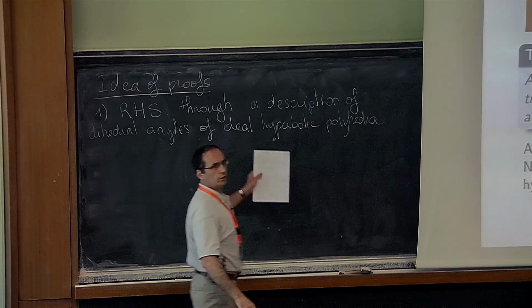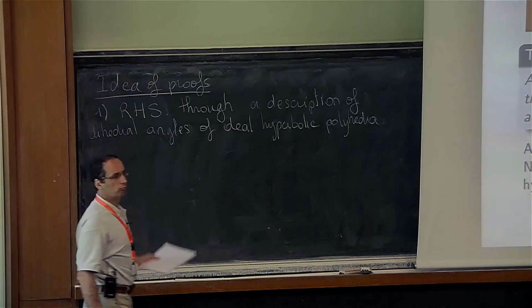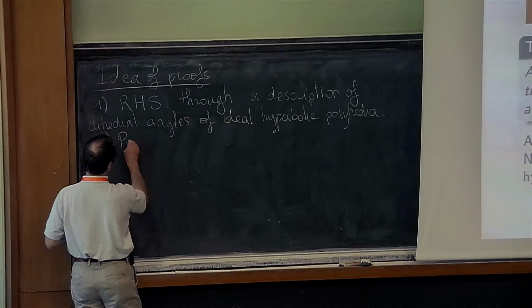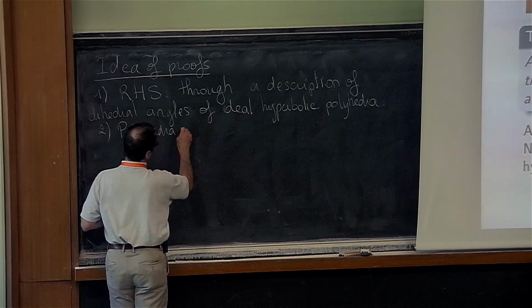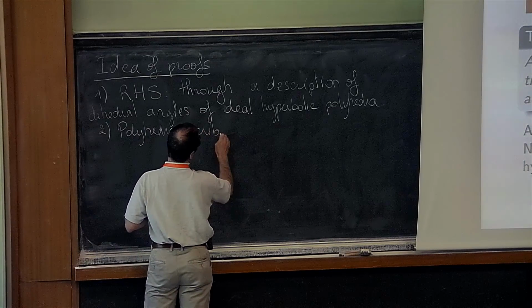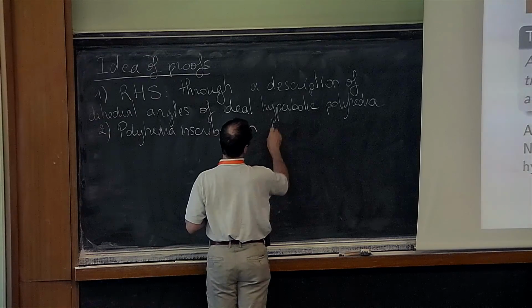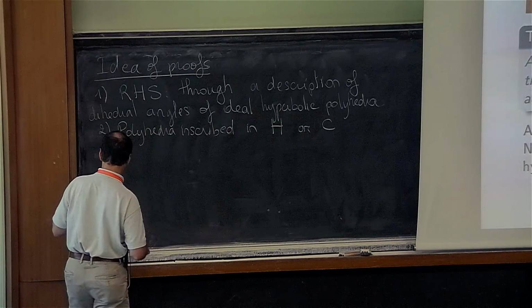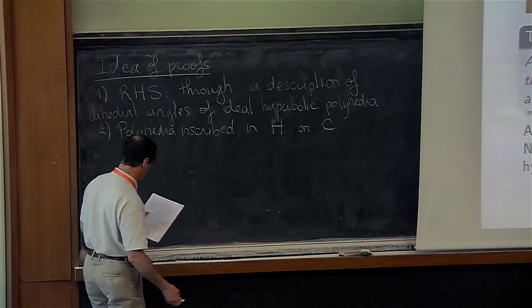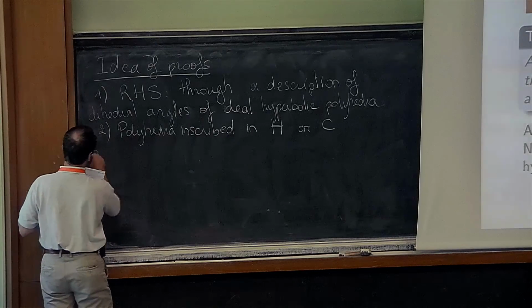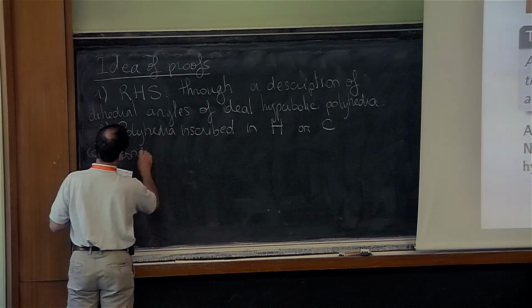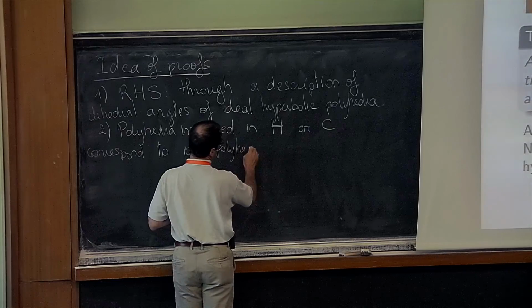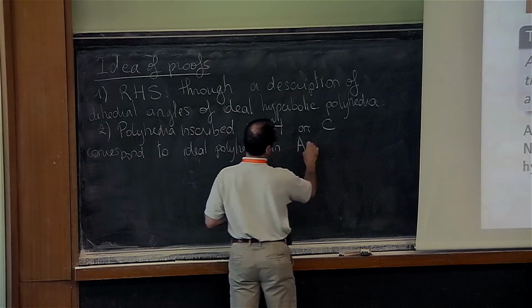By the way, can everybody read what I'm writing on the blackboard? Okay. The second idea is that polyhedra inscribed in a hyperboloid or in a cylinder have some interpretation in terms of anti-de Sitter, so they correspond to ideal polyhedra in what we call ADS3.